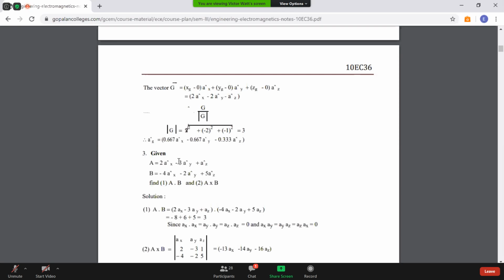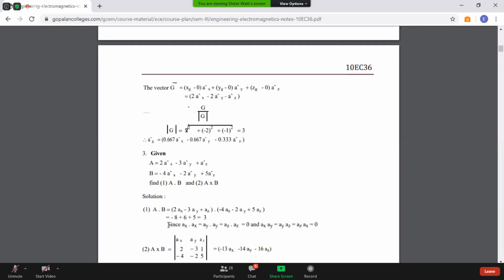And the same thing if you dot minus 3AY with B, between AY and AX is going to be 90, and between AY and AZ is going to be 90. So this is going to work out to just minus 3 times minus 2.